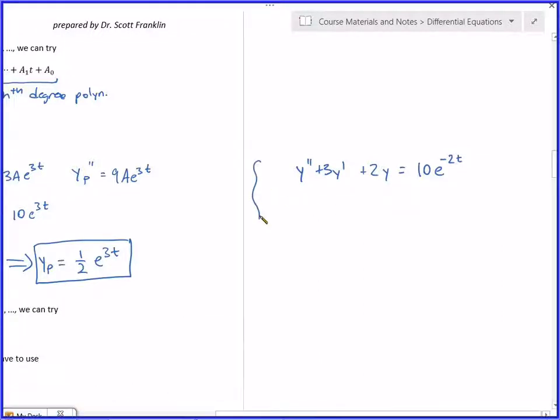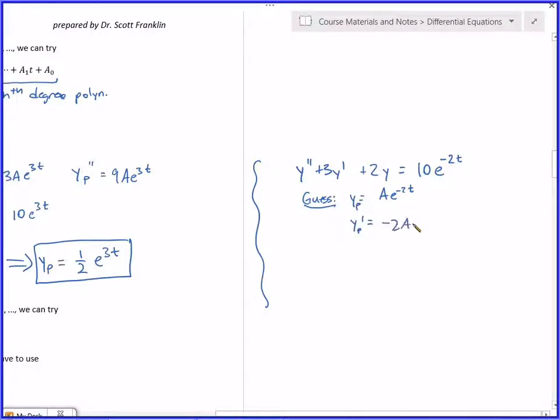So following the same technique, what would be your guess? A e to the, actually negative is going to go in front. And just to give you a heads up, the problem is not that it's negative. The problem has to do with this being part of the homogeneous solution. Watch what happens. What is yp prime?